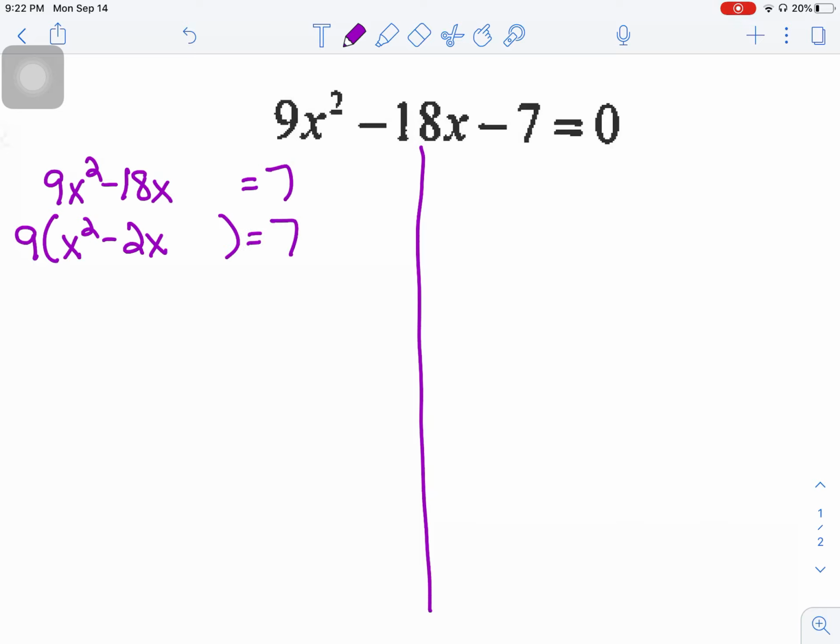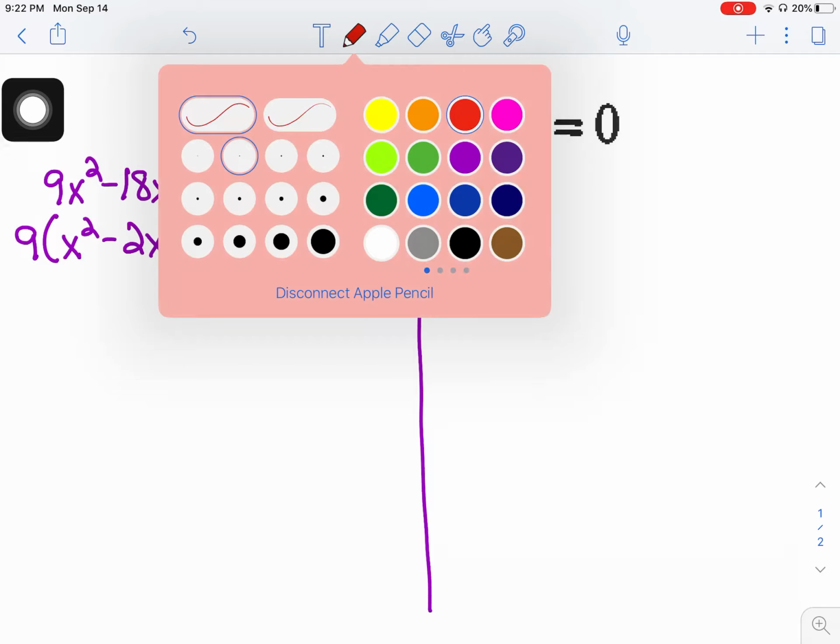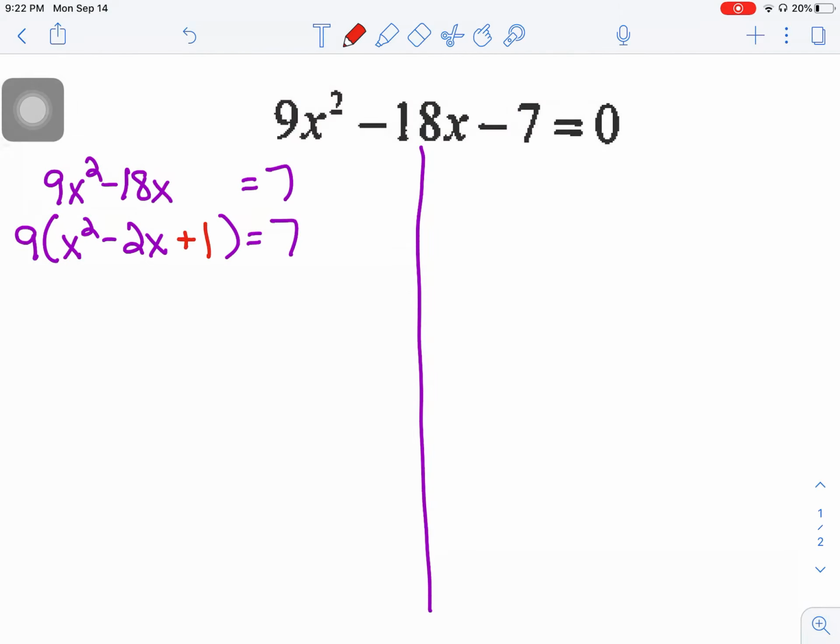Still going to leave this space because I need to complete the square here. And so what I want to think about is now just dealing with this like we've been dealing with it. So I'm going to chop my b value in half. Negative 2 chopped in half is negative 1. I'm going to take negative 1. I'm going to square it. So what ends up happening is I am going to add 1 inside the parentheses.